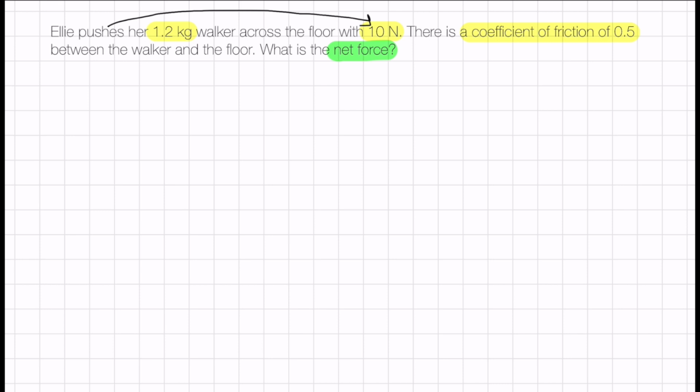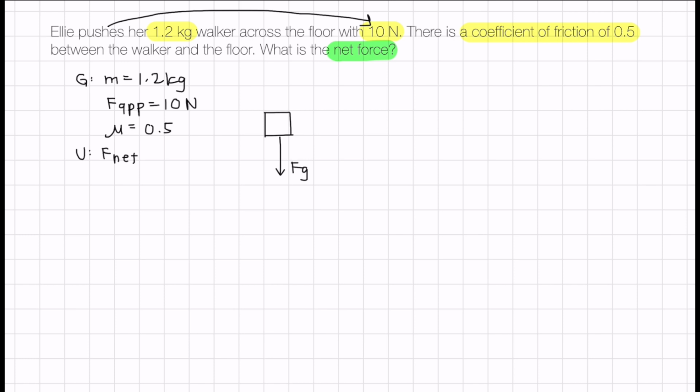All right, let's identify our givens and draw this scenario. So we have a mass, which is 1.2 kilograms. We have F applied is equal to 10 newtons. We have a coefficient of friction is equal to 0.5, and we're trying to solve for F net. So if I was to draw this free body diagram, again, this object has the force of gravity acting on it because it has a mass and it's on Earth.